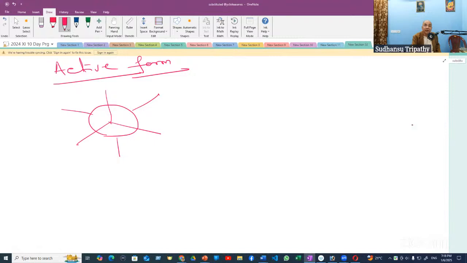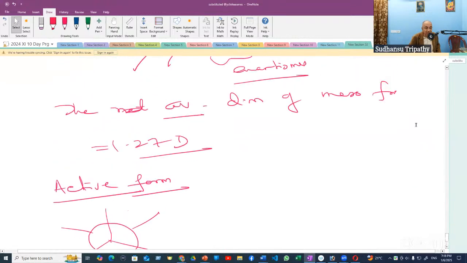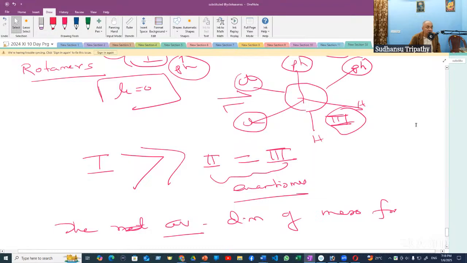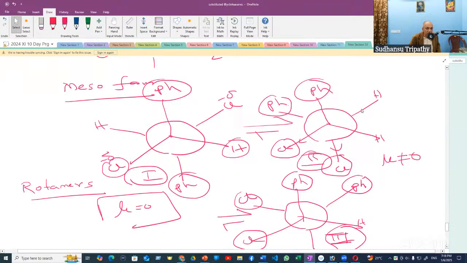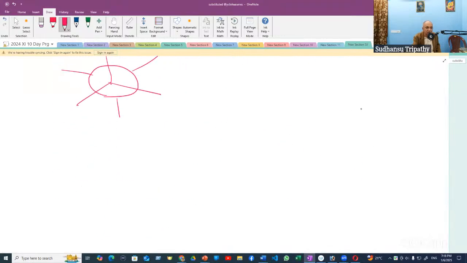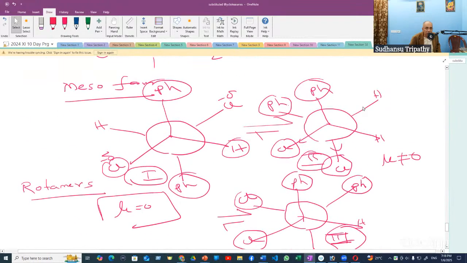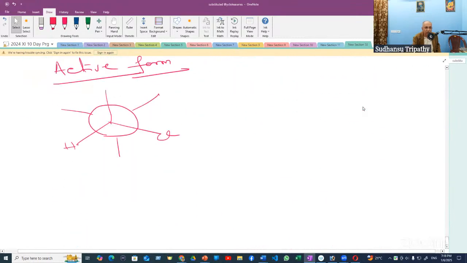Then I will start my rotation business, which is not going to change its identity. Now we are doing bond breaking and bond remaking to convert one configuration to the other. Hydrogen will come here, chlorine will go there, and the other 3 will remain H, Cl, Ph, and here it was Ph.